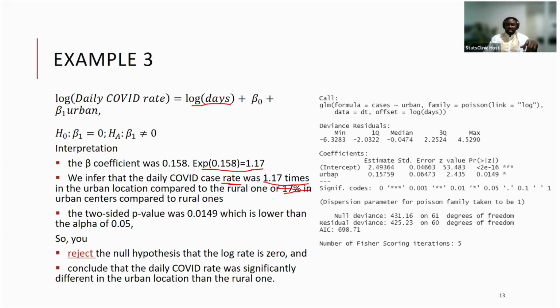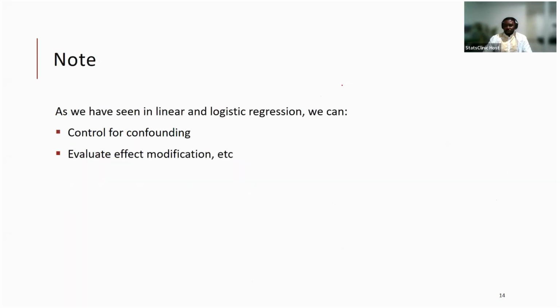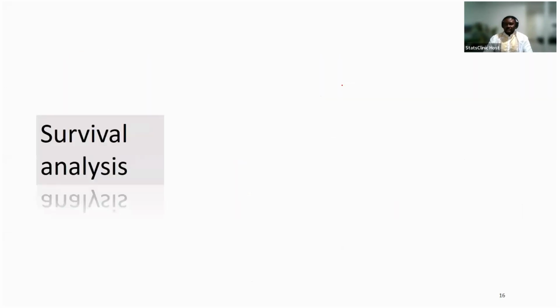So in this case, it is the COVID case rate in the urban centers compared to the rural centers. It's not the number of cases. It is the rate in one group compared to the next. If we didn't have the time, then it would be the number of cases, the count. Okay, excellent. So now we move on to the next section.